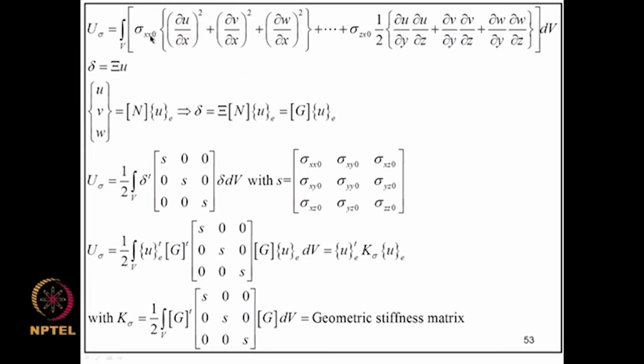So, a pre-stress that exists does work on the subsequent deformations, and that helps us to formulate the geometric stiffness matrix, and we showed that an eigenvalue analysis of the elastic stiffness matrix and the geometric stiffness matrix, that means Kx equal to lambda K sigma x, helped us to determine the loads at which the structure would lose stability.